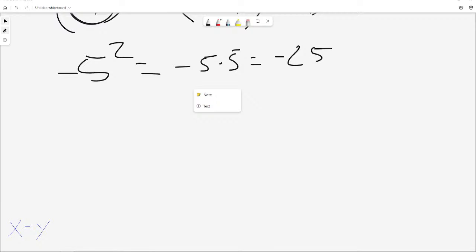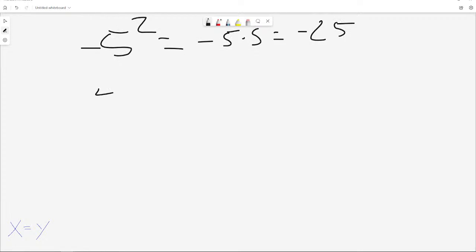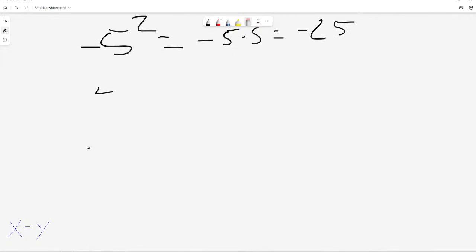Let's see if you get a better example here. Negative 5. Here, I want you to be able to see this.